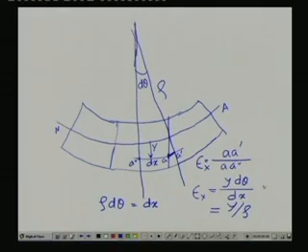Now, let us consider again that epsilon x we found out to be equal to y by rho.